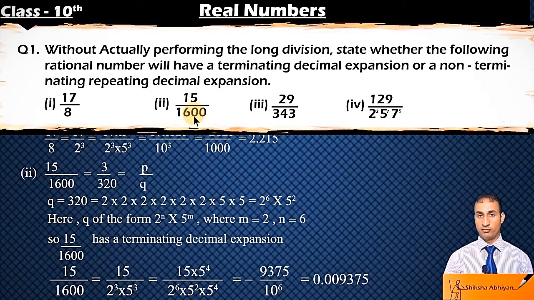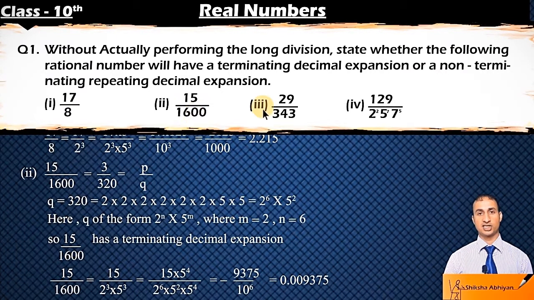That will become 15 into 5 to the power 4, which is 9375 upon 10 to the power 6. So that will become 0.009375. It is a terminating decimal expansion.